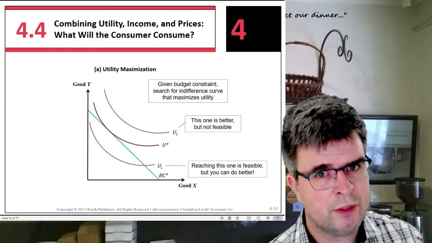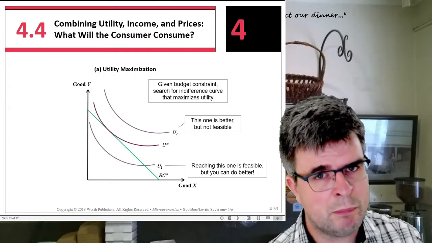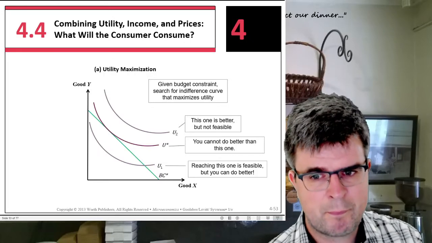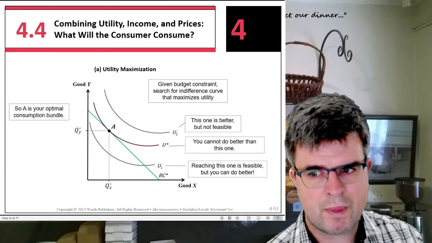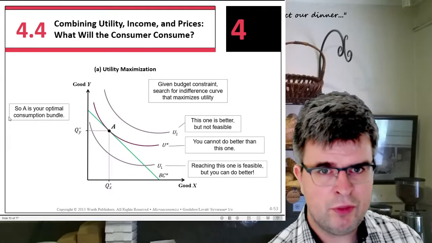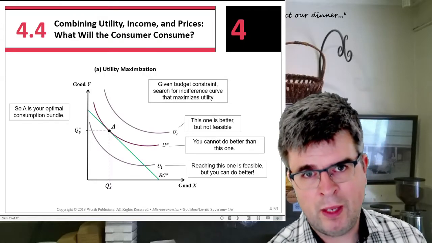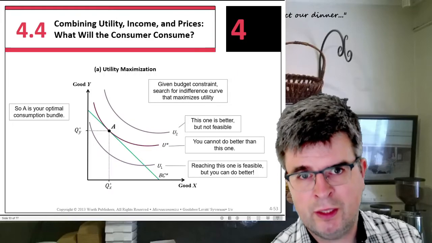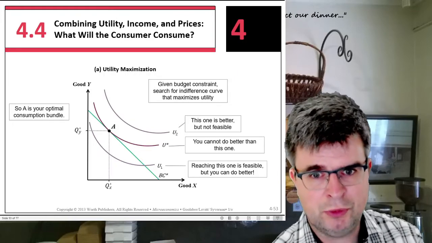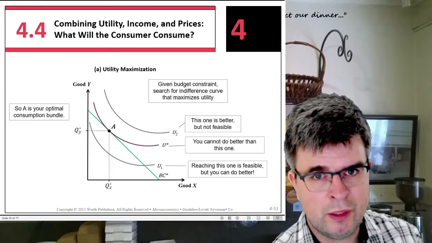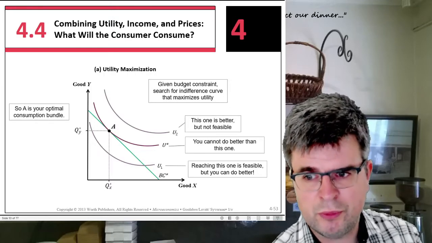And that's the one that you would optimally buy given your budget constraint. So given your budget constraint, choosing to buy bundle A is the optimal thing. It's the one that maximizes your utility, and your utility level is identical to the value U star.